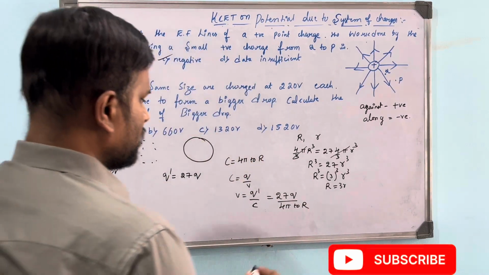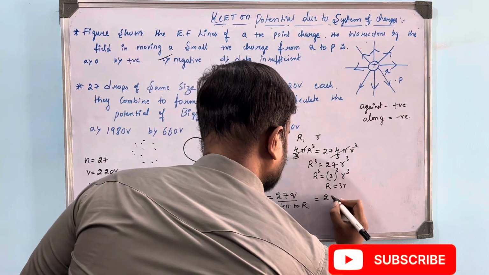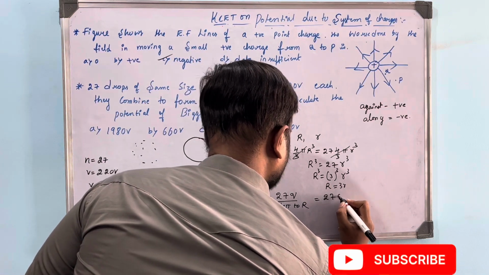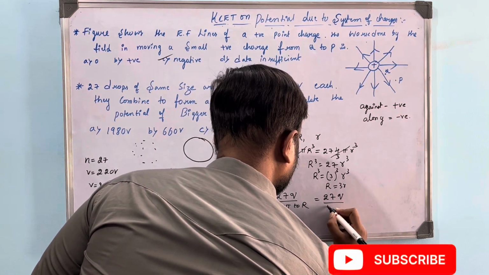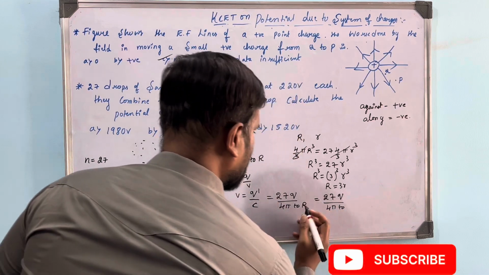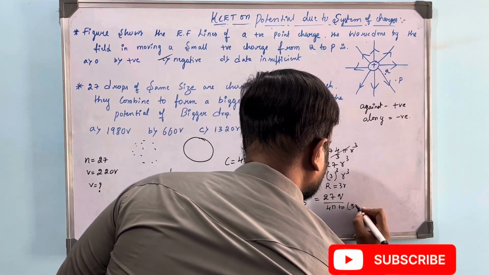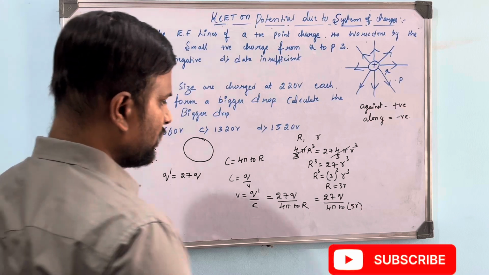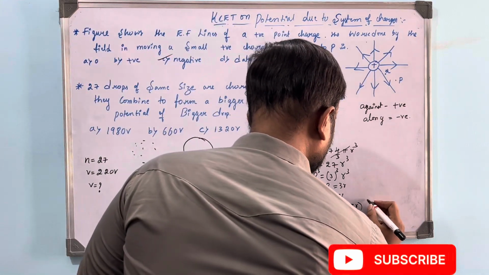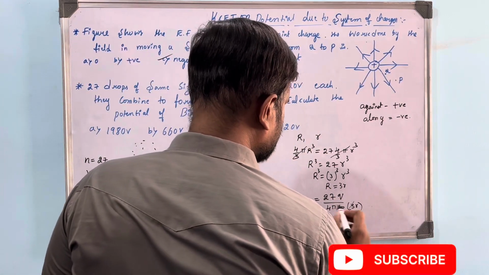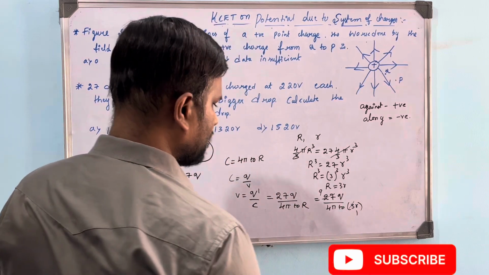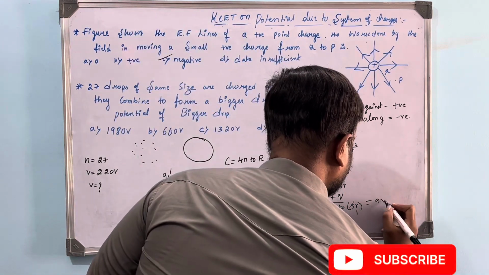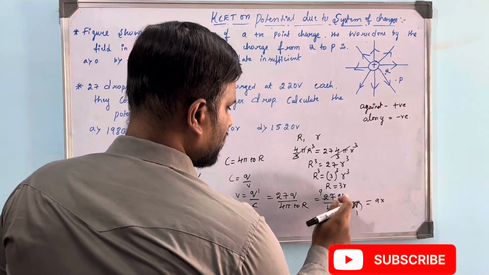So that is equal to 27 times Q divided by 4 pi epsilon naught, and R value is 3r. Simplifying this, 3 nines are 27, so 9 into 1 by 4 pi epsilon naught q by r.